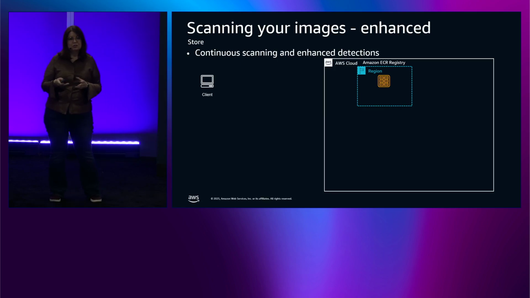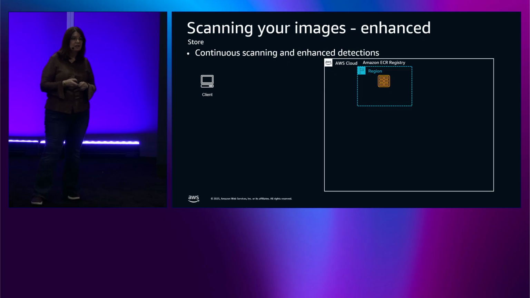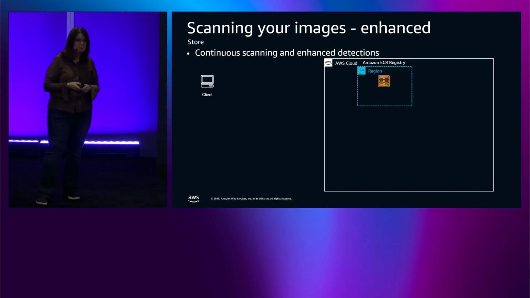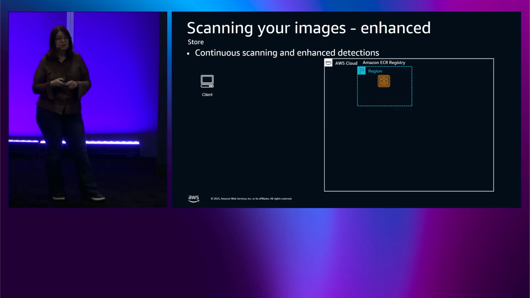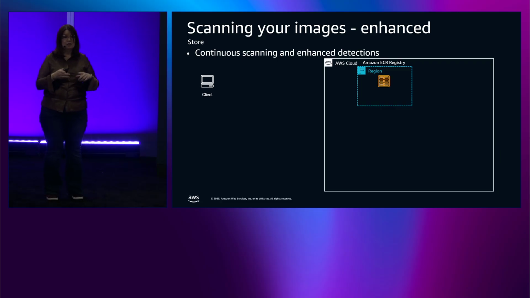But if you want to take your scanning to the next level, you can opt into enhanced container scanning. This is where Amazon ECR integrates with Amazon Inspector. Amazon Inspector not only scans for OS vulnerabilities, but also for application package vulnerabilities as well. With Inspector scanning included, you can scan not only your standard images, but also images built from scratch, distroless images, and Chainguard images.